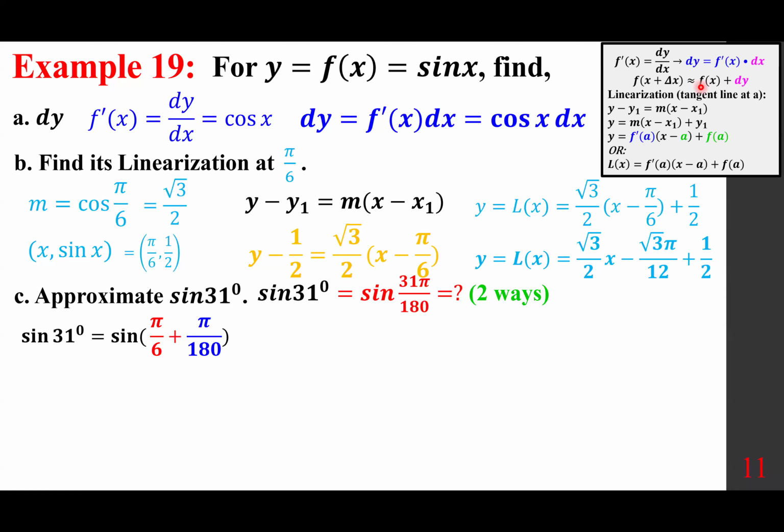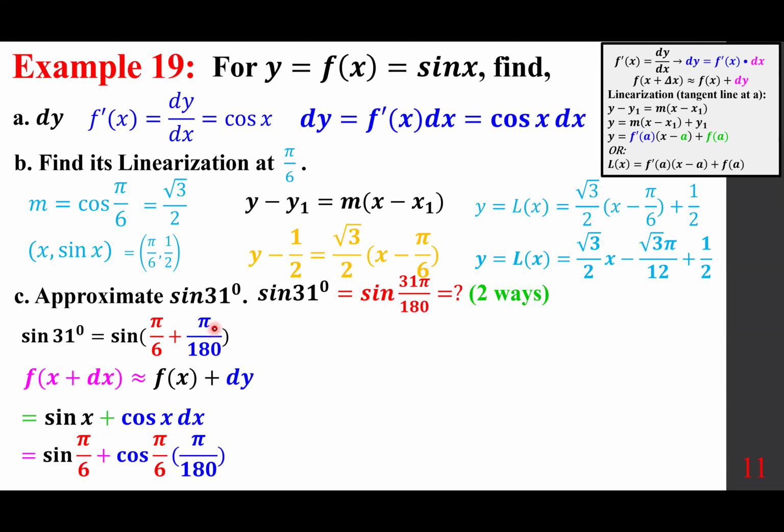So f of x plus delta x is approximately f of x plus dy. So we want this one, right? So f of x is sine x, dy is cosine x dx. So I'm using the differential. So sine of pi over 6, cosine of pi over 6, and dx is pi over 180.